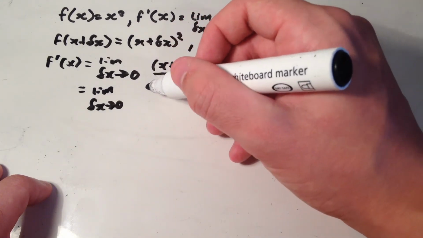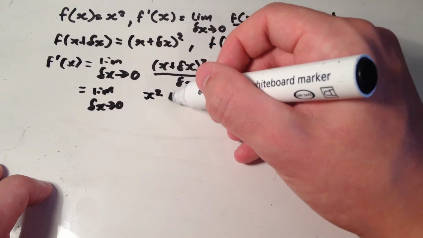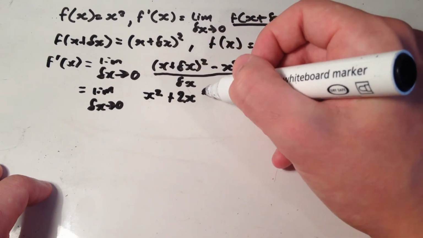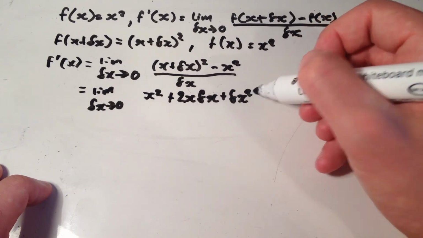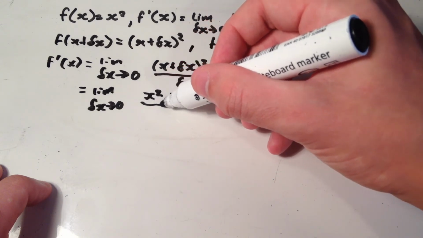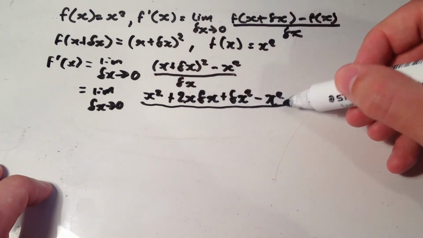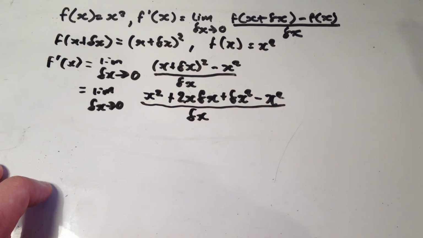So carrying on, this expands to x squared plus 2x dx plus dx squared minus x squared, not forgetting that, with dx still on the bottom.